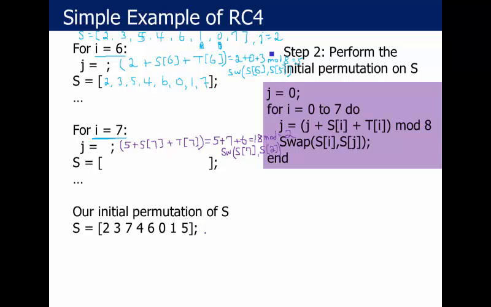So finally this 7 and 2, which is the last, and this 2 means the third. So 2, 3, 7, 4, 6, 0, 1, 5.